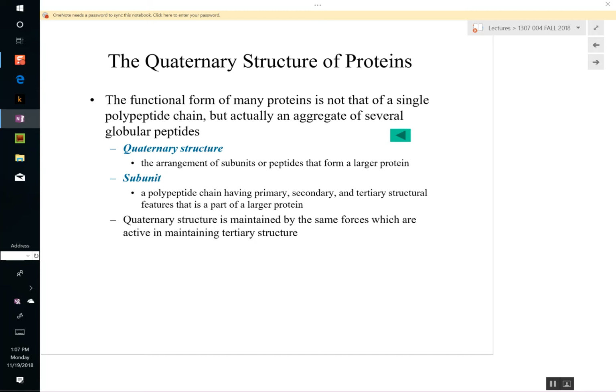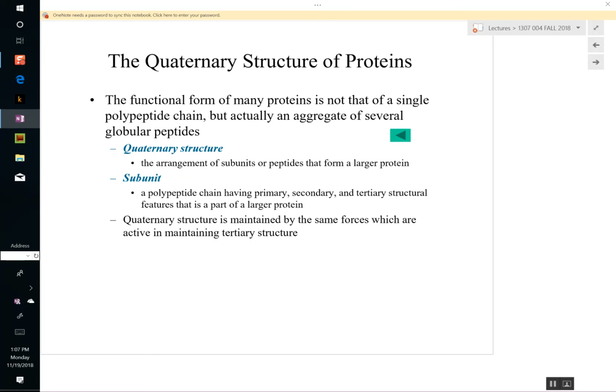So 2 or more protein molecules and how they are associated with one another. That's when you start talking about quaternary structure. So you have to be talking about a protein that's made up of 2, 3, 4, 8, 10, 12 protein units. That's quaternary structure. We're not going to deal with that particularly today.